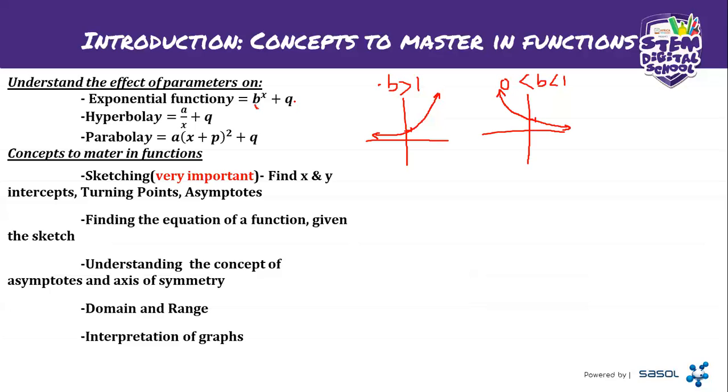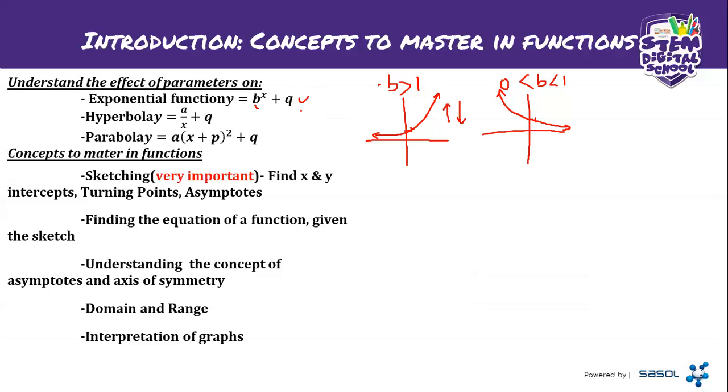And then we have to talk about what? Q. They are saying Q is the vertical shifting. It's either the graph is going up or the graph is going down. So if it's going down, it's going to be minus. If it's going up, it's going to be positive. And then again, Q determines the horizontal asymptote.